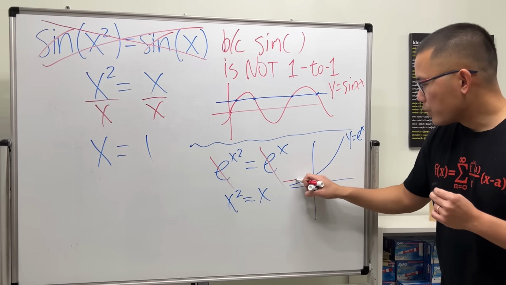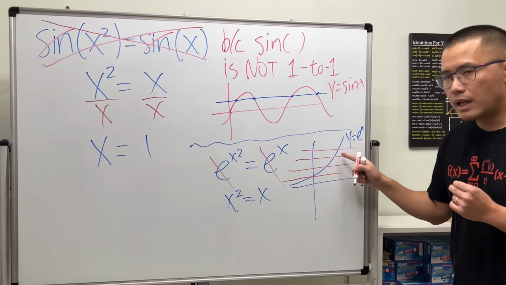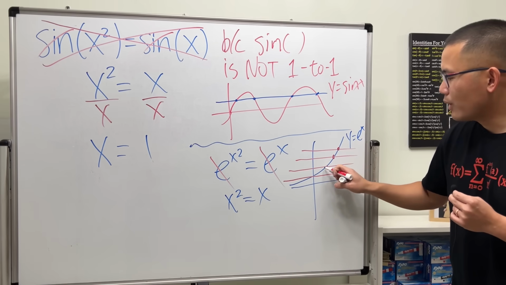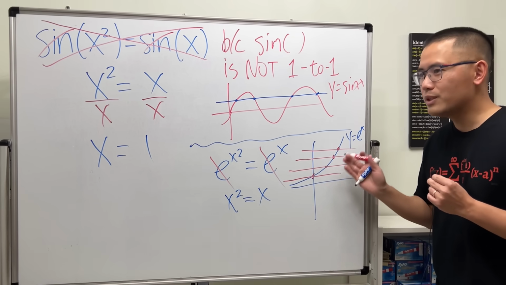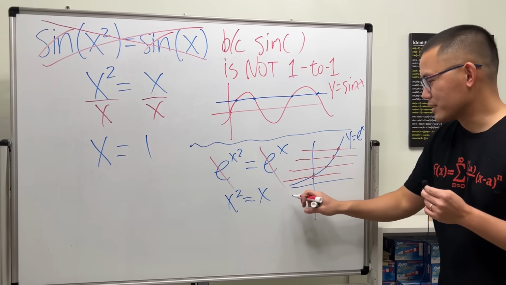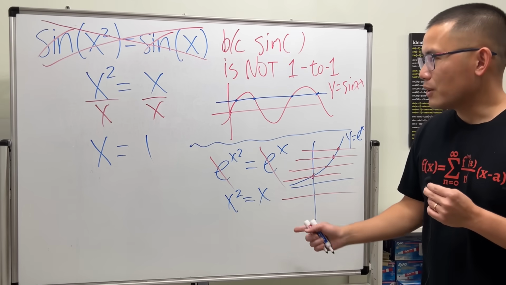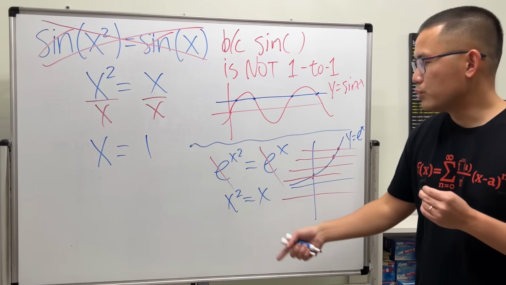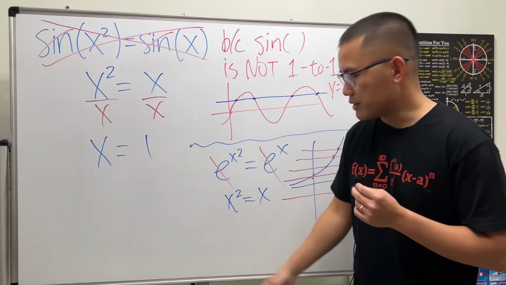No matter which horizontal line you draw, the horizontal line will cross the graph at most one time. Of course, this horizontal line does not cross the graph at all, but anyways. So this is the idea of one-to-one. When you know a function is one-to-one, you can cancel it out. If it's not a one-to-one function, you cannot cancel it out. So that's the first thing.